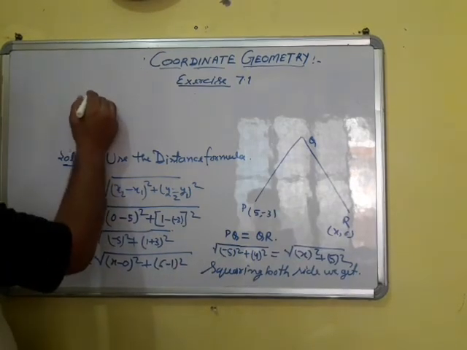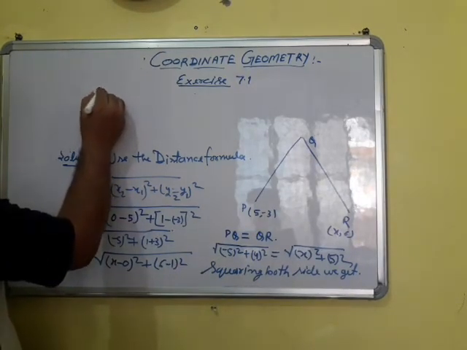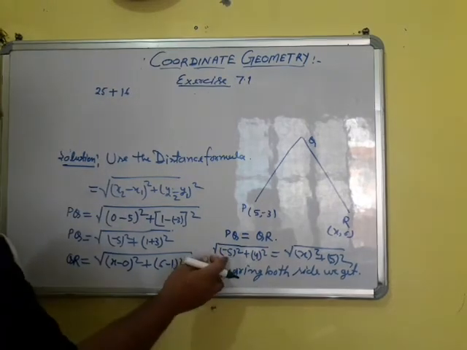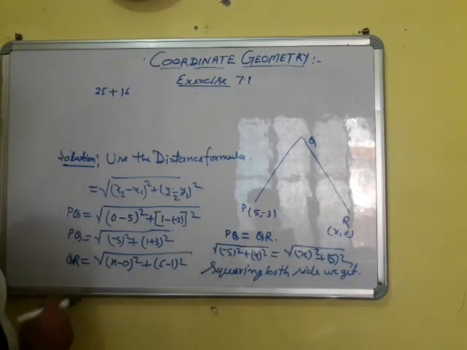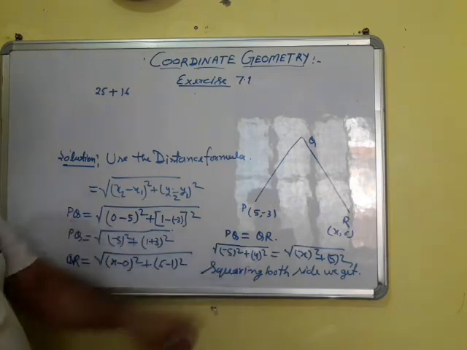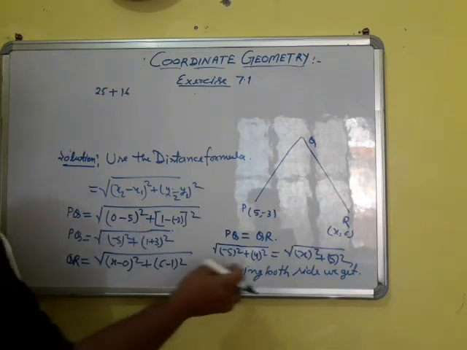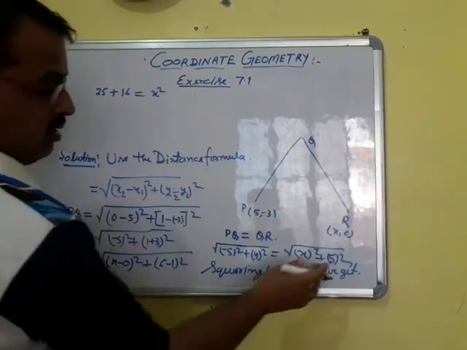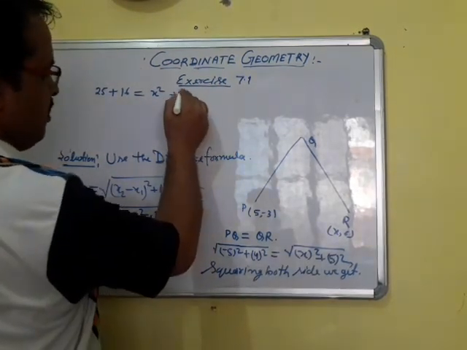So we get 25 plus 16, since minus 5 whole square is 25 and 4 whole square is 16, equal to x square plus 25.